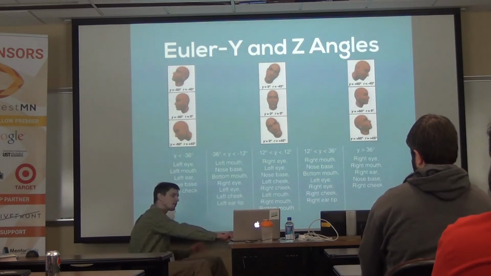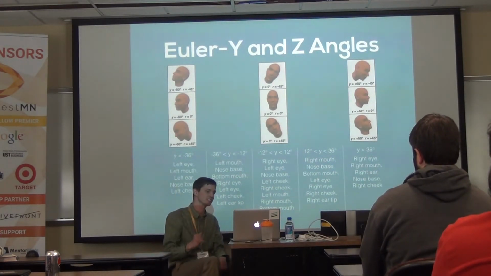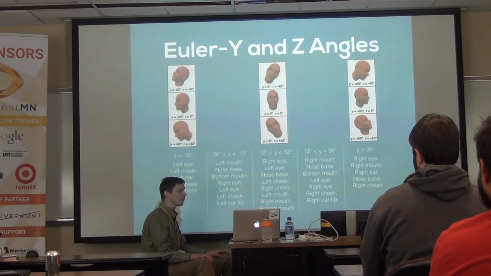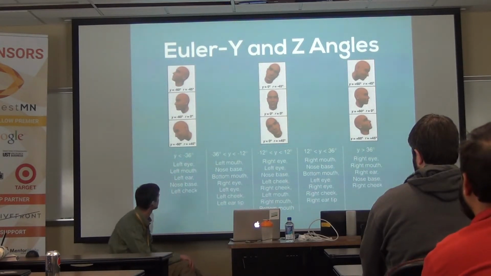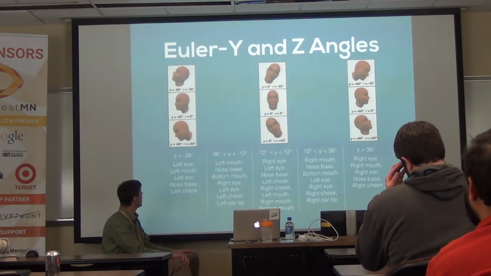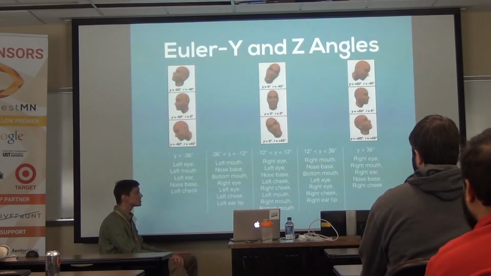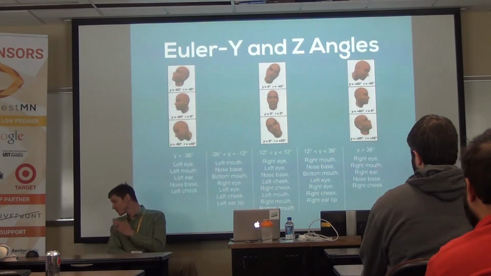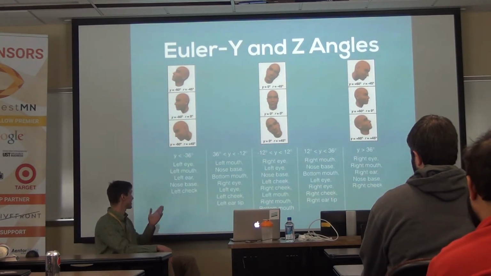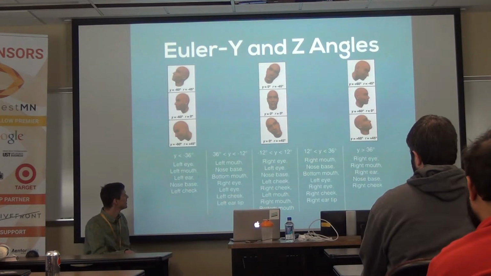As I said before, landmarks are detected after the face is actually detected. Depending on the Euler-Y angle, you can see at the bottom here, only certain landmarks are going to get detected. If your face is all the way to the right, you're only going to get the left side: the left eye, mouth, ear, cheek.